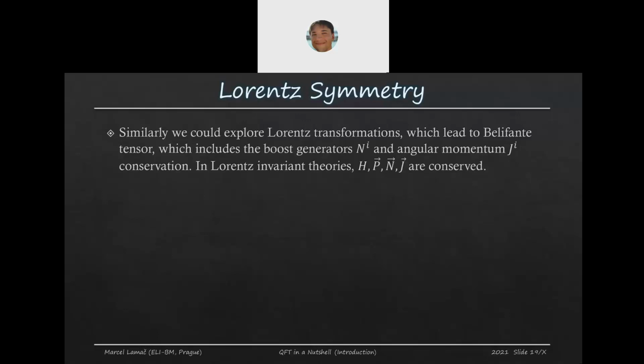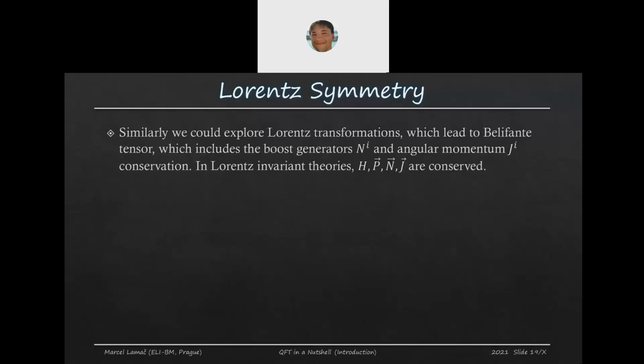And then there are what's known as boost generators. People don't have that much intimate experience with these conserved charges, but they are related to the Lorentz boosts in three different directions, right? For example, we can boost some frame along the x-axis to some velocity. Well, there is a conserved charge that's called the boost generator.